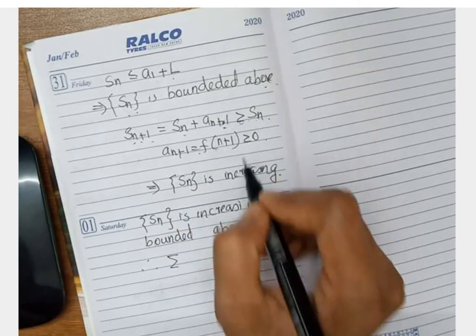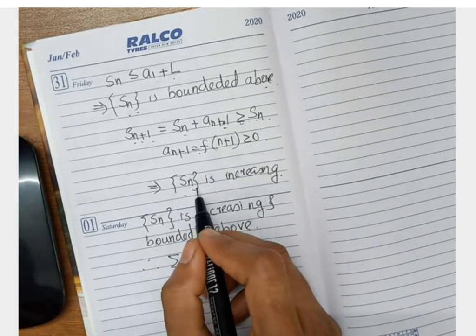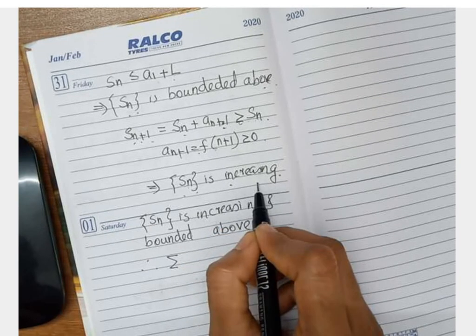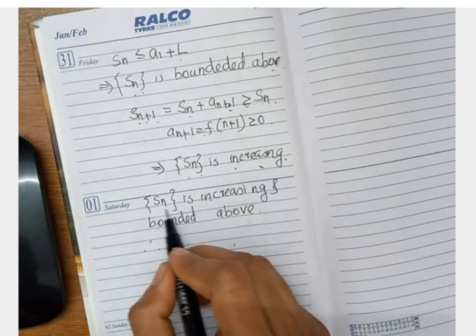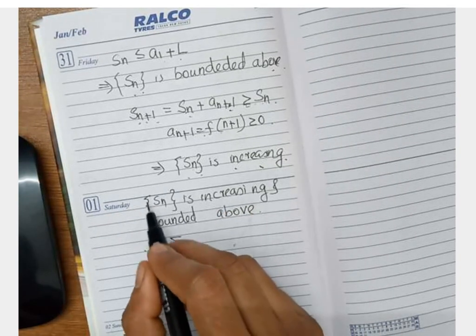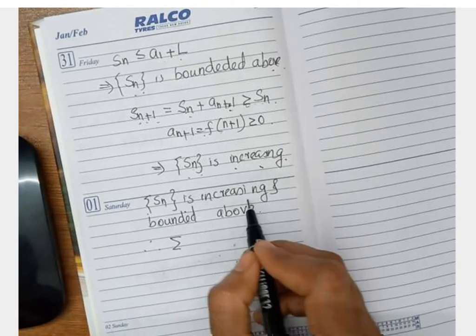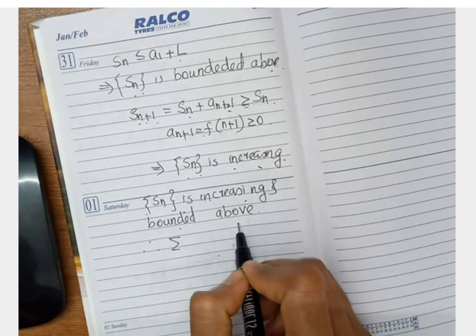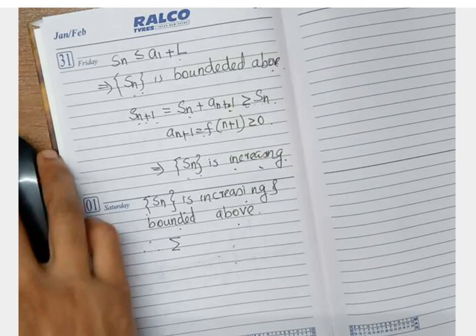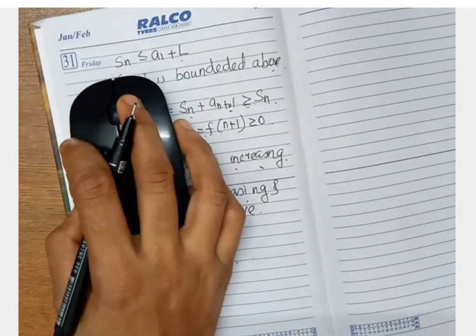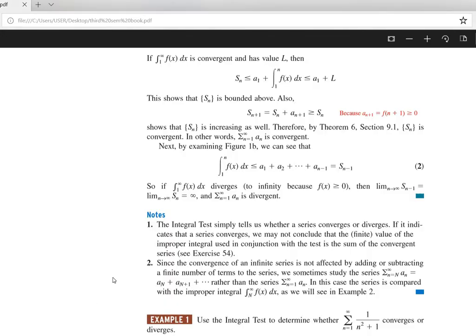So we can see that the sequence Sn is increasing. So we have got that the sequence Sn is increasing and bounded above. So what happened? This is the result: the sequence Sn is convergent.